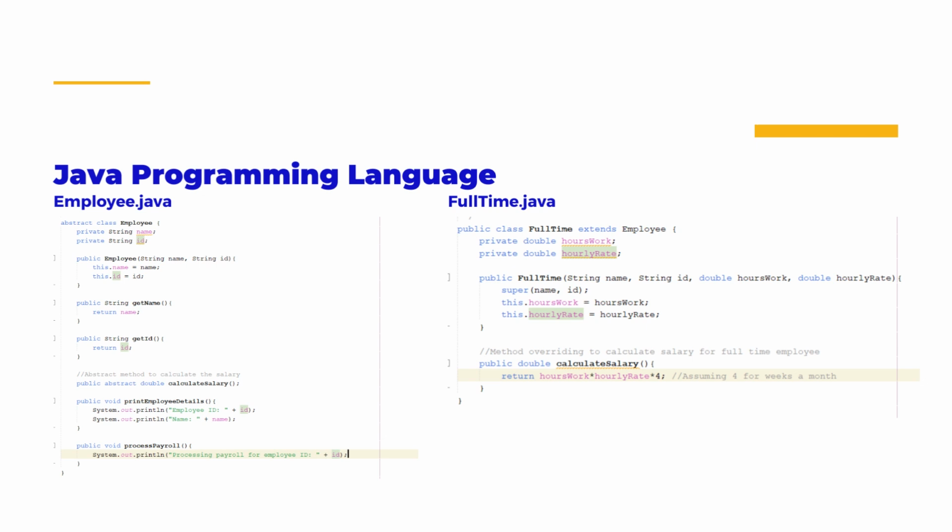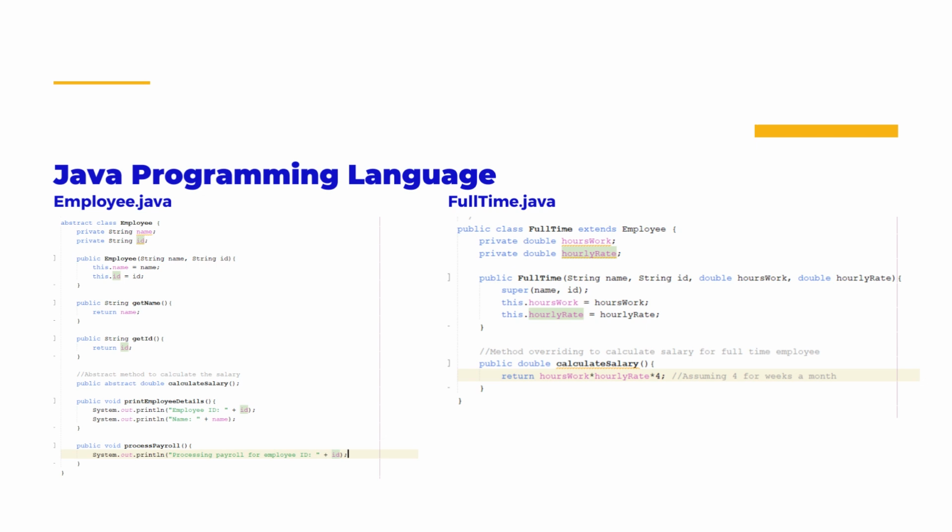This extends the Employee class, and the FullTime class has two private instance variables, hoursWorked and hourlyRate. These variables represent the number of hours worked and the hourly rate of the full-time employee respectively. The class has a constructor with String name, String ID, double hoursWorked, and double hourlyRate.